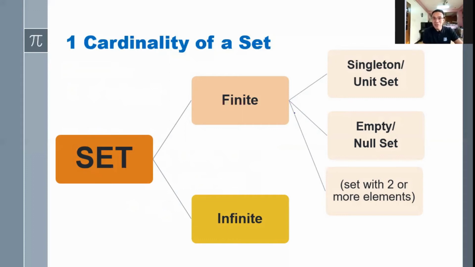Next, if a finite set has only one element, then it is considered as singleton or unit set. If a finite set has no elements, then it is called an empty or null set. And there are other finite sets with two or more elements.